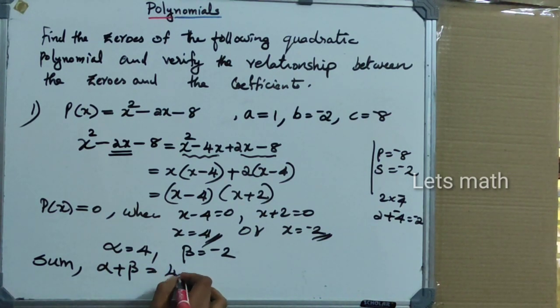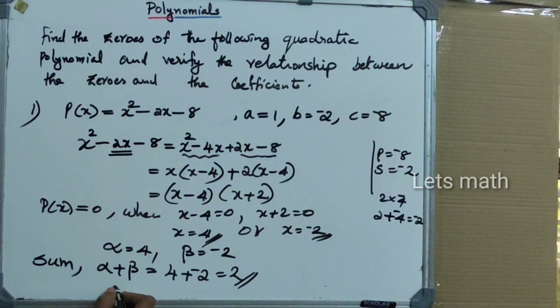What is it? 4 plus minus 2, that is equal to positive 2. Again, while adding a positive integer and a negative integer, find the difference and put the sign of the greater number. So it is positive 2.